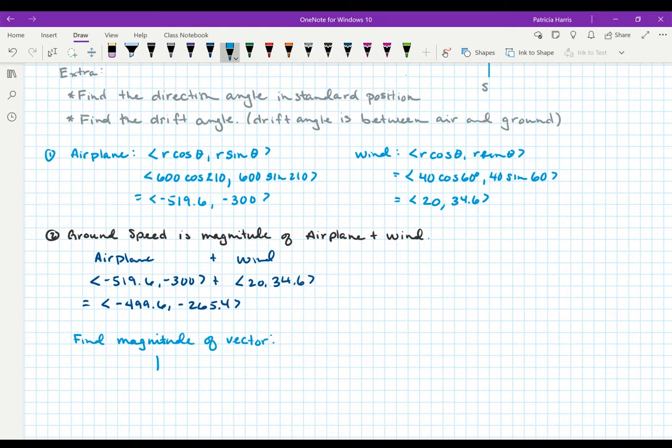So negative 499.6 squared plus negative 265.4 squared, and then remembering to take the square root. So here we go.